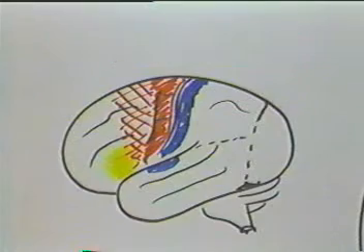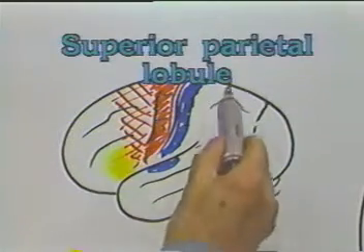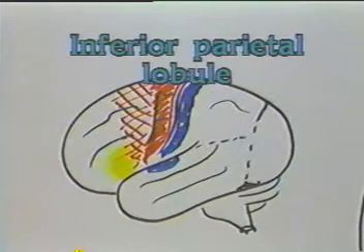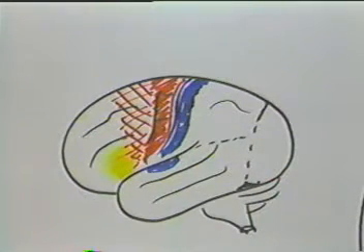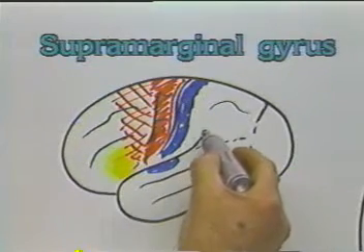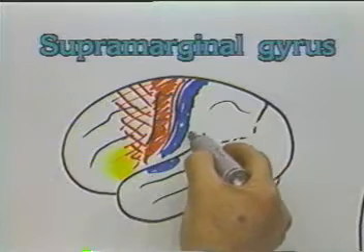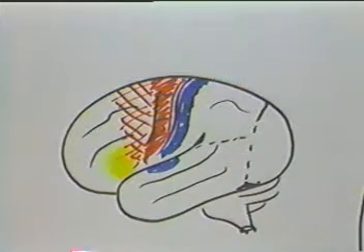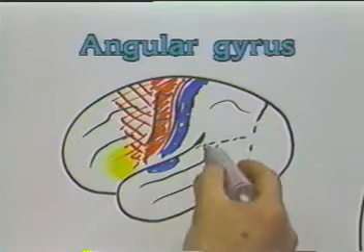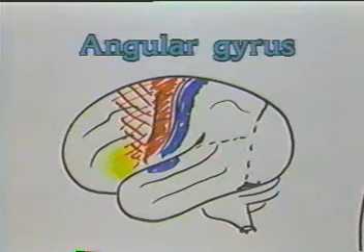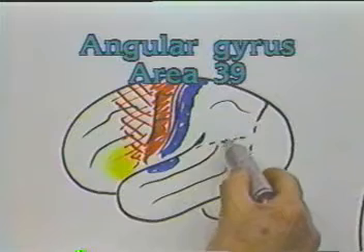separates the rest of the parietal lobe into superior parietal lobule and the inferior parietal lobule, in which two very important gyri are located. The supramarginal gyrus, here at the tip of the lateral fissure, that's area 40, and the angular gyrus here, which caps the posterior part of the superior temporal sulcus, that's area 39.